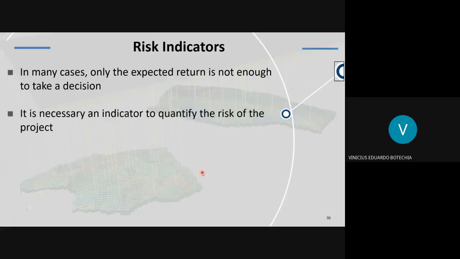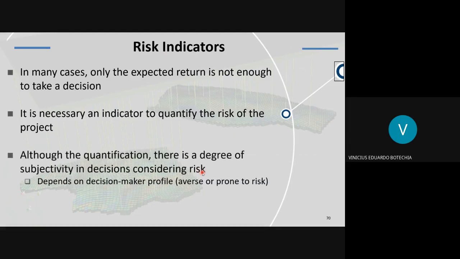So in many cases, just the return of the project calculated by the EMV is not enough to take a decision, right? Because you can have higher returns, but you can also have riskier strategies with that. So an indicator to quantify the risk of the project is necessary. And although there is quantification, there is a degree of subjectivity in decisions that consider risk, because who is making the decision is a human being, who can be more averse or more prone to risk, right?